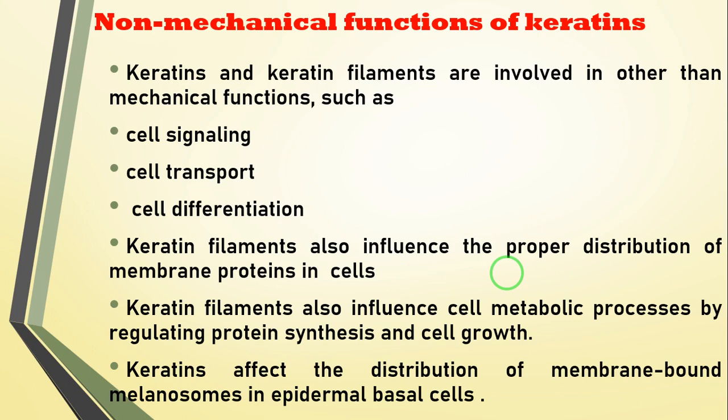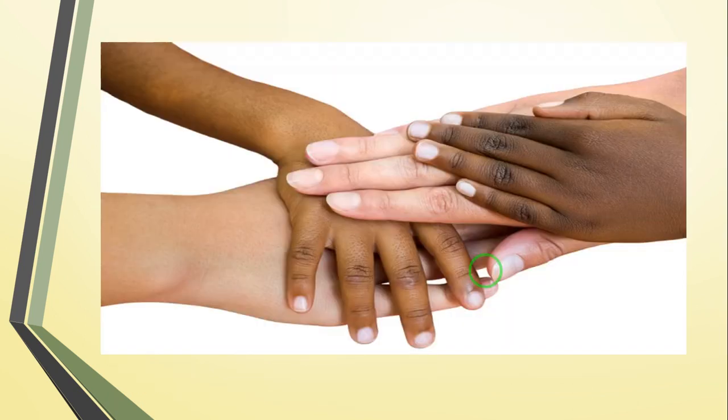For example, protein synthesis and cell growth may be regulated by the keratin, and it also helps in the process of melanogenesis by the distribution of the melanosomes that contain the melanin in the basal layer of the epidermis.